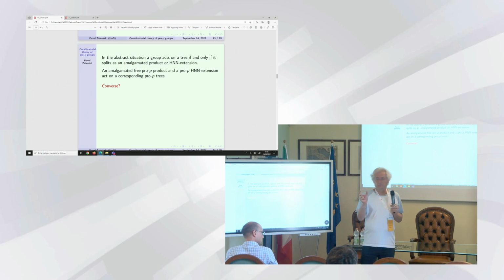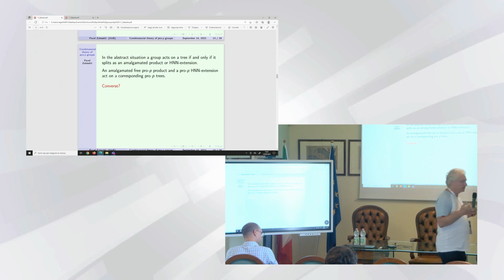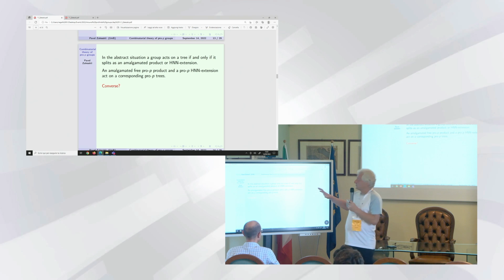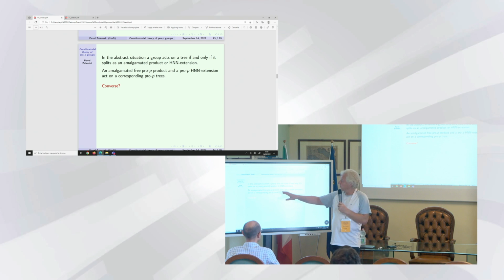All right, because we have a theorem, which I already mentioned, the main theorem, that a group acts on a tree if and only if it is the fundamental group of a graph of groups, and amalgamated products and HNN extensions are actually particular cases of this. All right. And a similar construction of the tree works for the pro-p case.